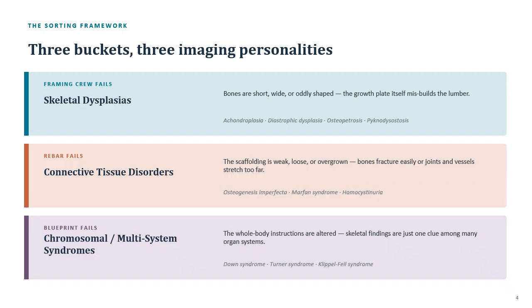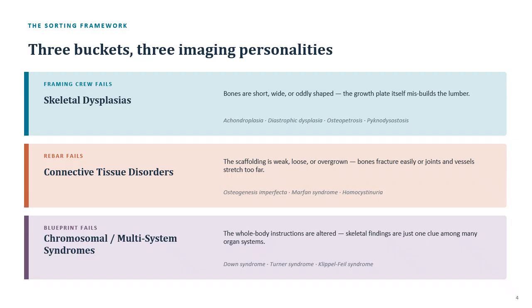The bones may be disproportionately short, unusually wide, dense, or they might be irregularly shaped as well. Achondroplasia is a classic example of this particular group or condition, because the long bones do not lengthen like they should have normally.